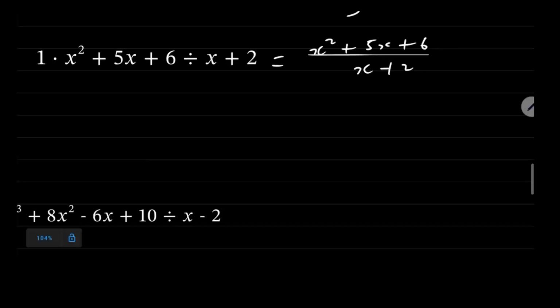For example, our divisor is going to be x plus 2, and our dividend is x squared plus 5x plus 6. Now, what should we do next?